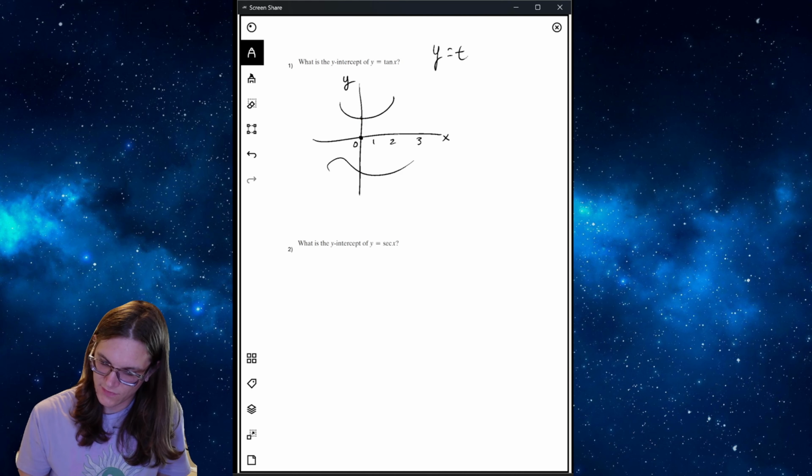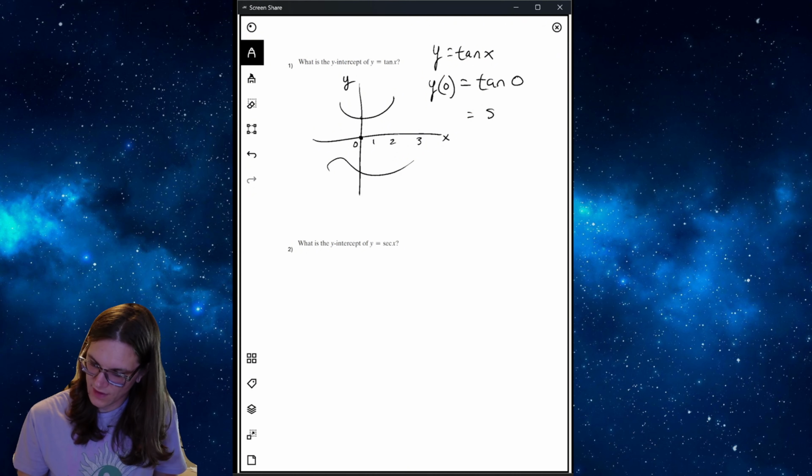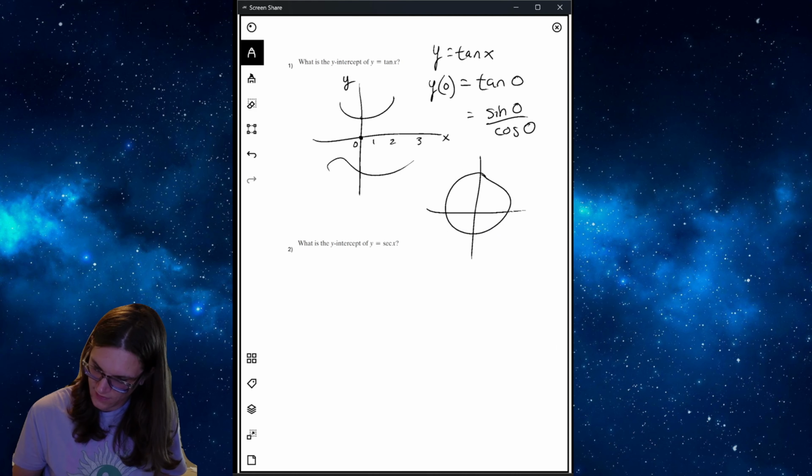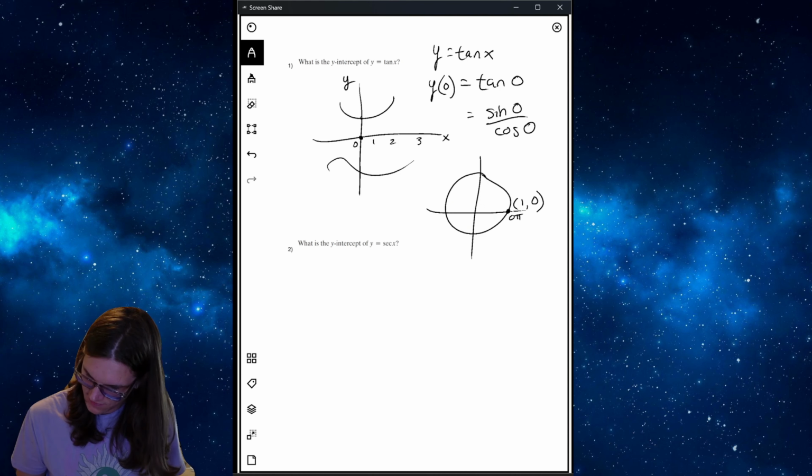So y equals tan of x, the way to write this is y of 0 equals tangent of 0. And this value is sine of 0 over cosine of 0. I go to my quick unit circle sketch here at 0 pi. The coordinate is 1 in the x, 0 in the up and down.